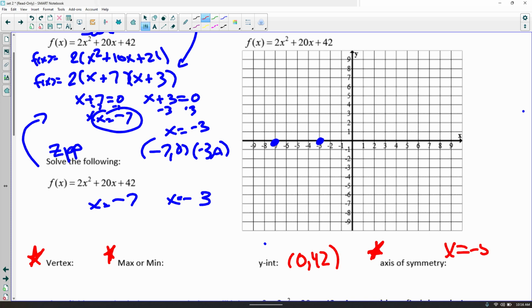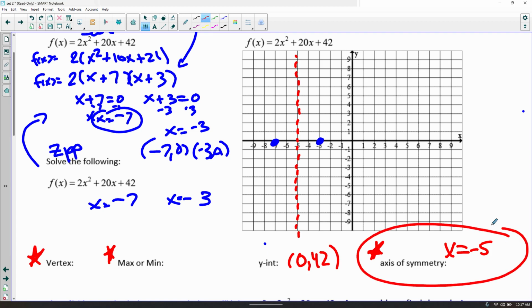Where's your axis of symmetry in this one? X equals -5. What falls on this axis of symmetry?